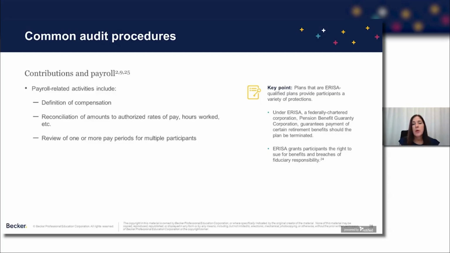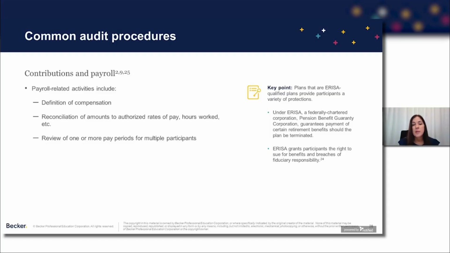There's a little key point here that they want to emphasize. Plans that are ERISA qualified plans provide participants a variety of protections. So under ERISA, a federally chartered corporation, PBGC, which is the Pension Benefit Guaranty Corporation, guarantees payment of certain retirement benefits should the plan be terminated.